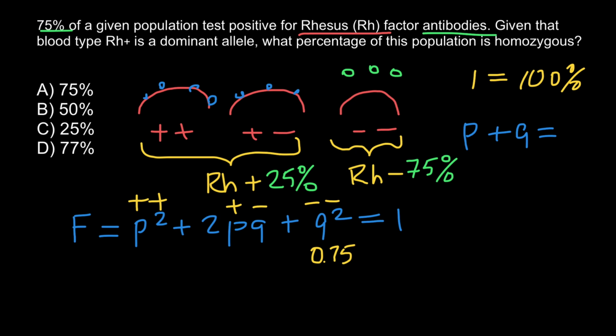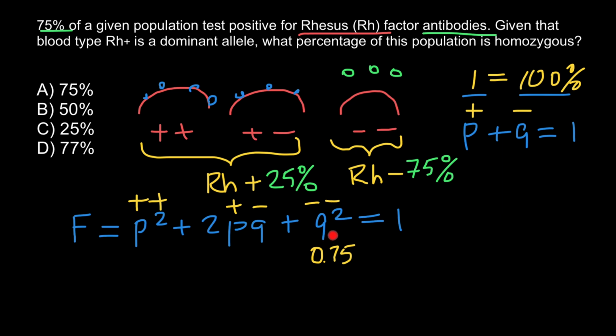If we add them, we should get 1 or 100%. Again, the p allele is the Rh positive factor allele, and the q allele is the recessive Rh negative factor allele. We know the frequency of the homozygous recessive genotype, which is Rh negative.